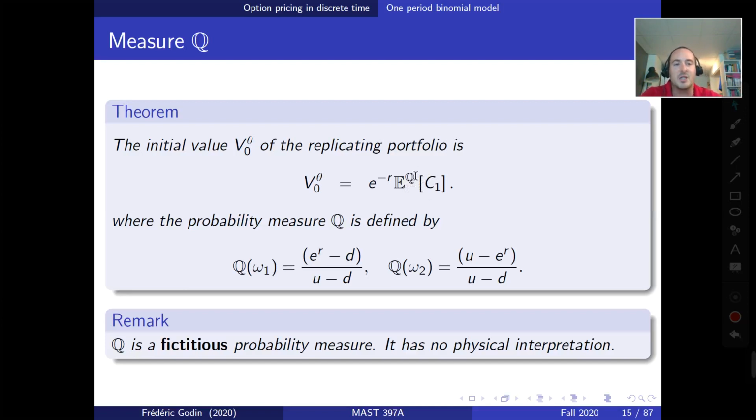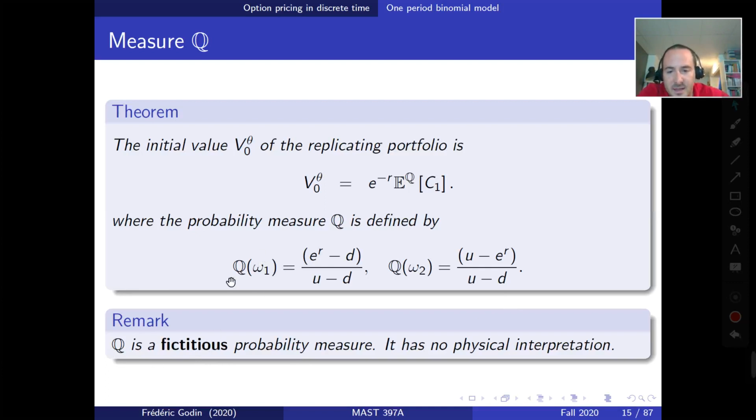It's under a fictitious probability measure that we are going to call Q, which assigns the following probability to omega 1, the first outcome, and this probability to outcome 2. So Q is not a real probability measure. It doesn't reflect the real probability that the stock price goes up or down. It's just a fictitious probability measure that is useful for calculations.